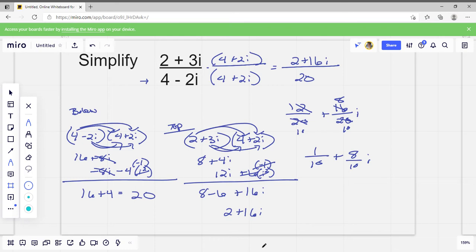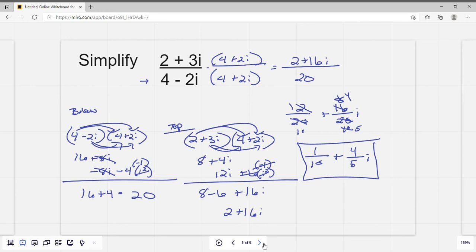And you can reduce that even further. Actually, we could do 5 and a 4. So 4 over 5 i. And that's your answer.